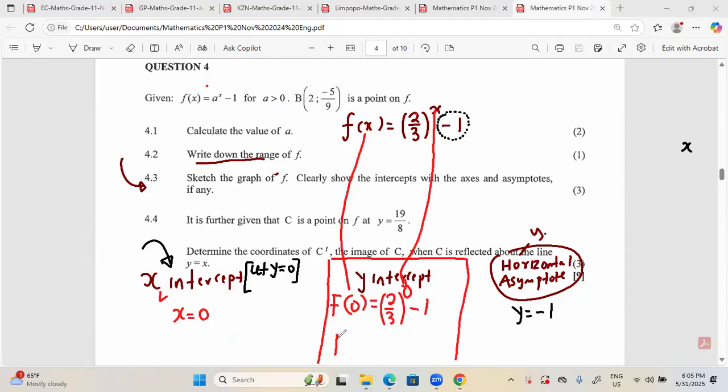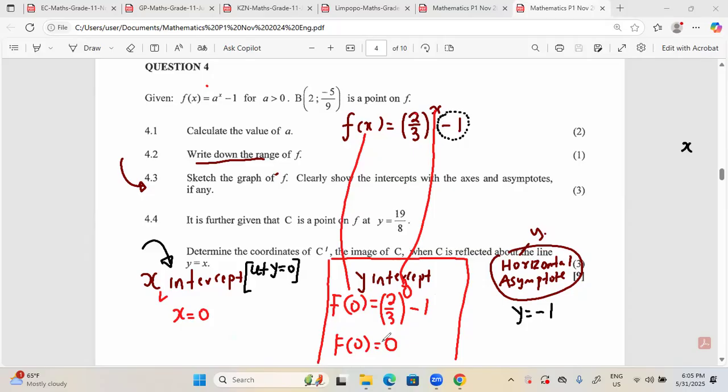So f of 0, you can press what is on the right side with your calculator. The y-intercept also, it is 0.